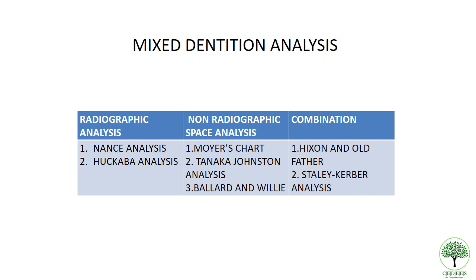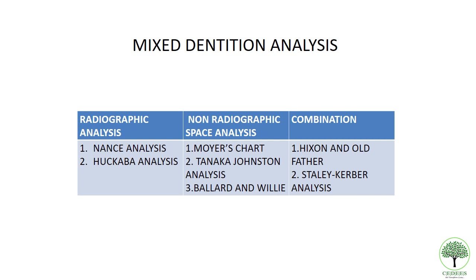So this is the leeway space, or the space that is required for the permanent teeth to erupt, analyzed using radiographs, and the examples for radiographic mixed dentition analysis would be your Nance analysis and Hakaba analysis.